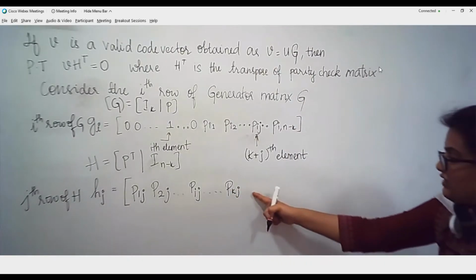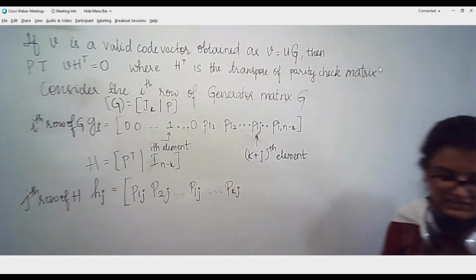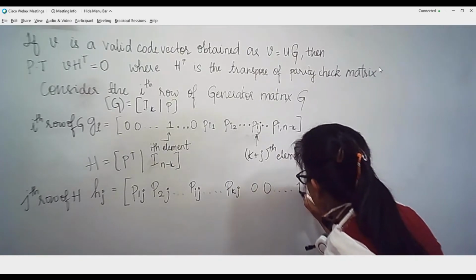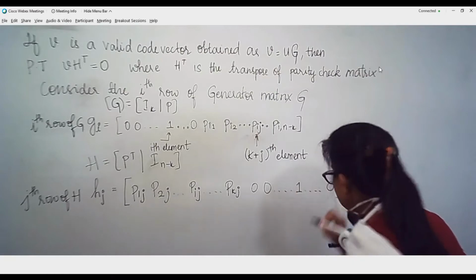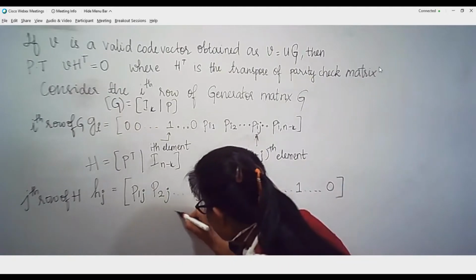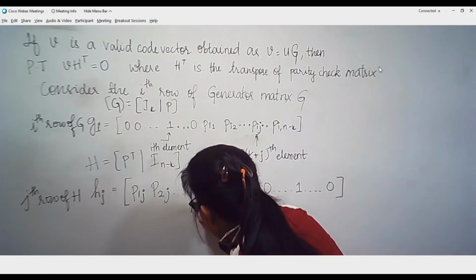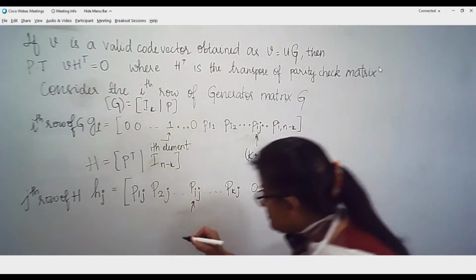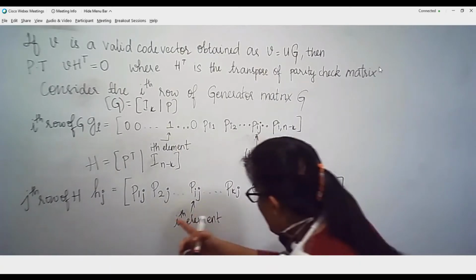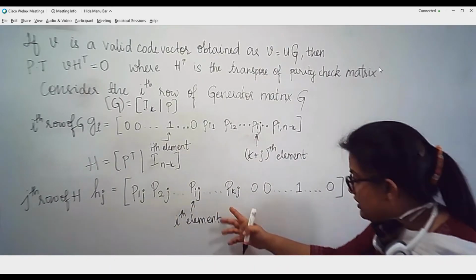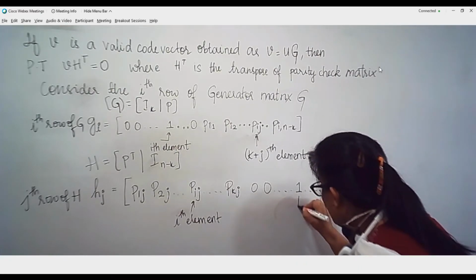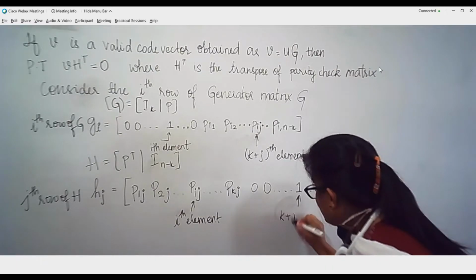Next it will be followed by the identity matrix elements, where it is 0, 0, and somewhere in between I will get a 1. We will see what the position of the symbol 1 is. This particular position of Pij, we have gone through the ith column, so this will be the ith element. After traversing the k elements, we are going to map this. Assume that this will be the kth position or k plus jth position.